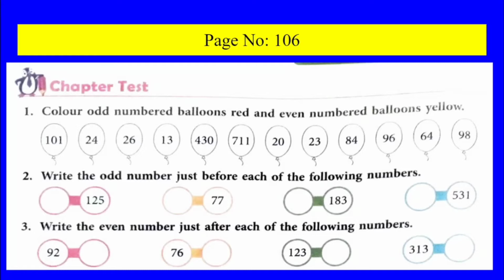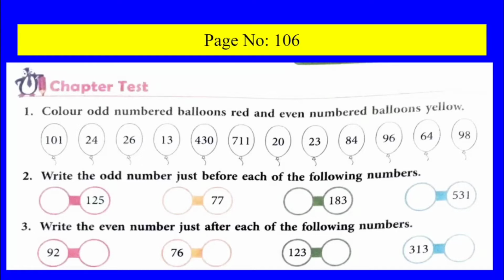Now I hope you all are ready with your colors and I will be telling by pointing colored arrows and children you will color the balloons. Okay? I hope all of you have understood. So let's start with the first number, 101.